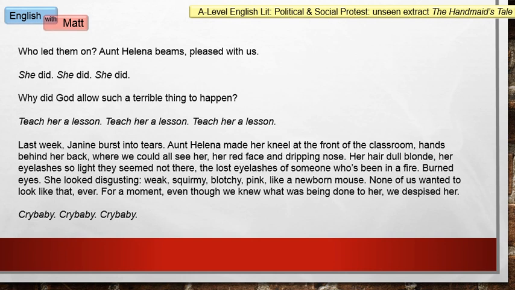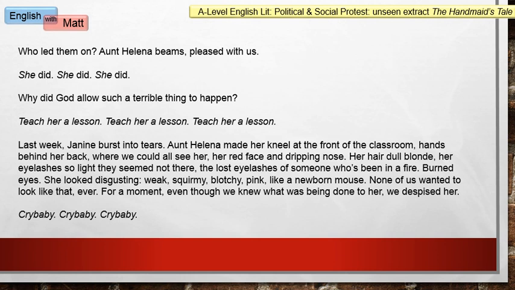Why did God allow such a terrible thing to happen? Teach her a lesson. Teach her a lesson. Teach her a lesson. Last week, Janine burst into tears. Aunt Helena made her kneel at the front of the classroom, hands behind her back, where we could all see her, red face and dripping nose. Her hair dull blonde, her eyelashes so light they seem not there, the lost eyelashes of someone who's been in a fire, burned eyes.